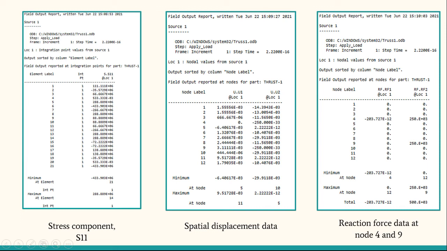Based on the result shown, the stress component gives the element number, a total of 21, and also the stress value, and the spatial displacement data shows the node number and also the value.